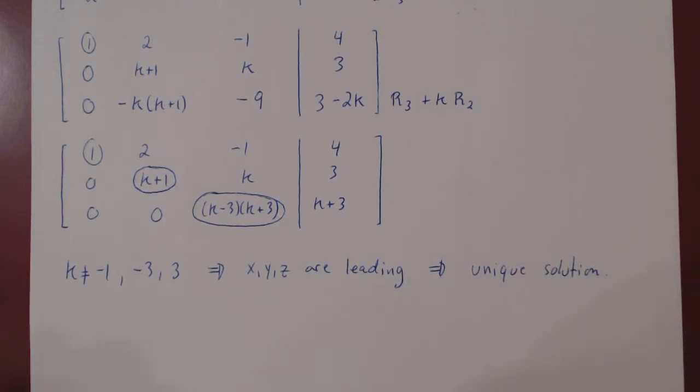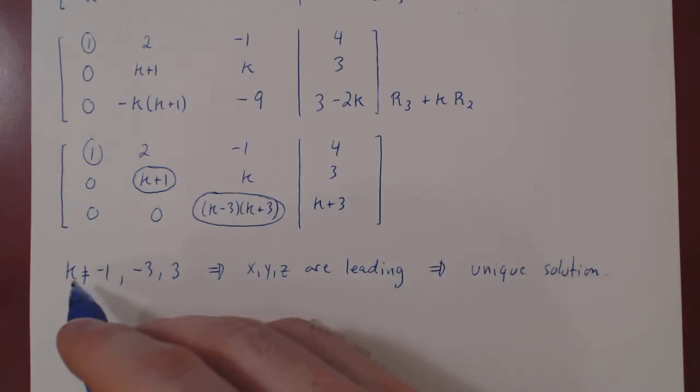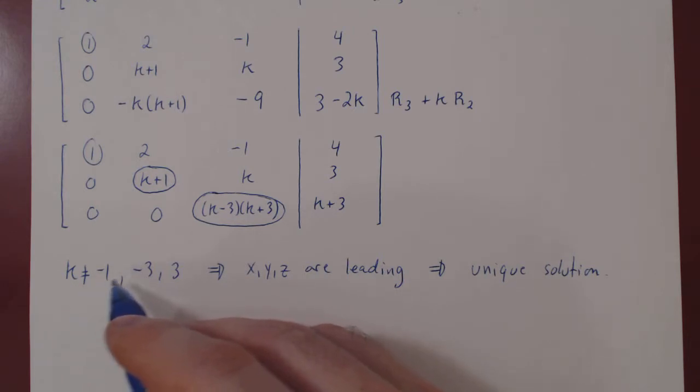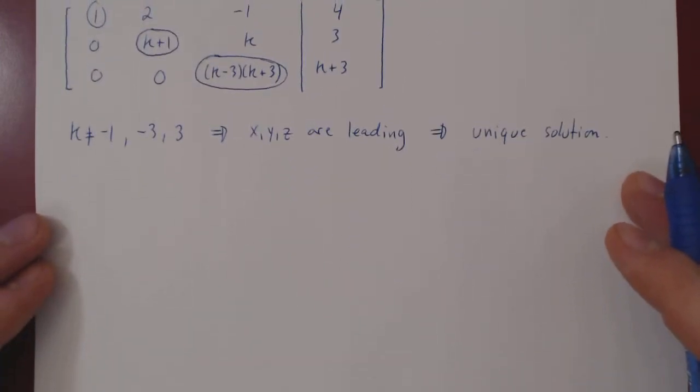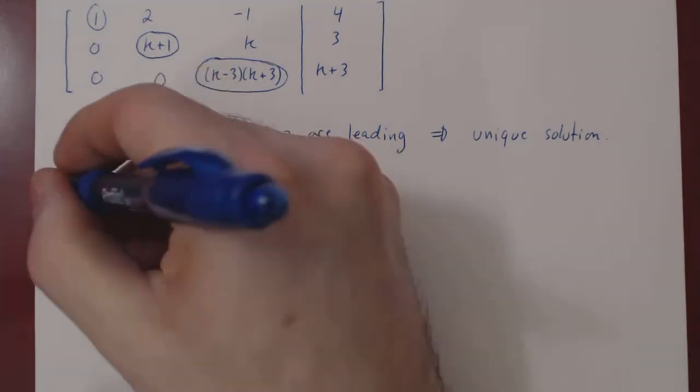And now we're almost done. We figured that the system has a unique solution for every value of k other than possibly these 3 exceptions. Well, now we have no choice but to check each exceptional value of k one at a time. Let's start with k equals -1 and see what comes out.